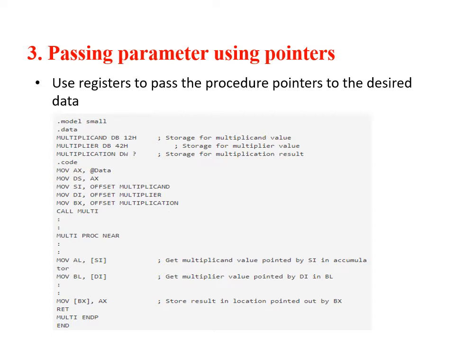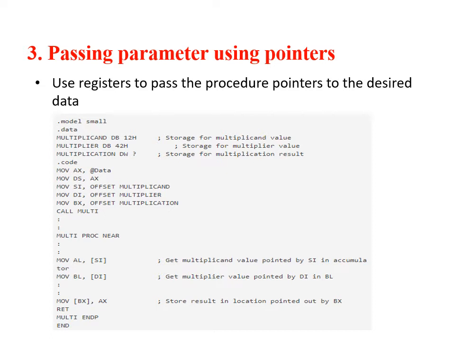So SI holds the address where multiplicand is saved, and DI holds the address where multiplier is saved. We are also setting an offset value, where the multiplication result is going to be saved, into the register BX.